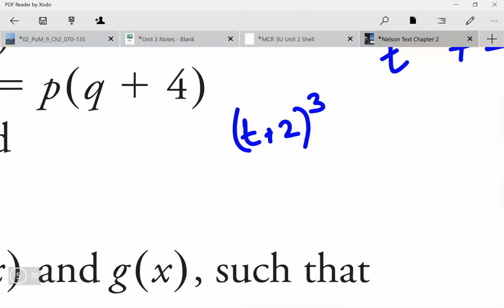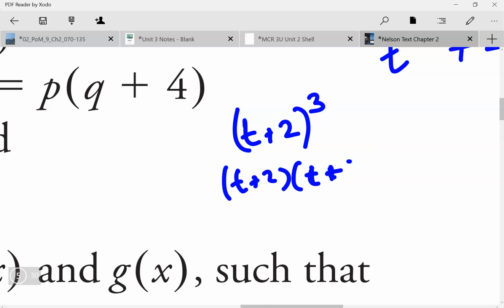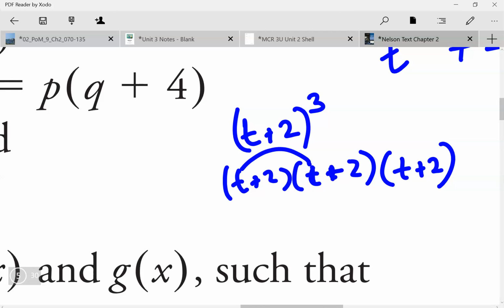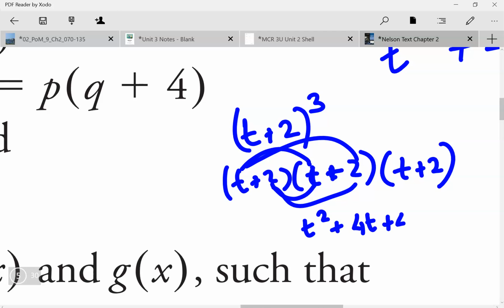If you haven't used the formula, what you have to do is t plus 2 times t plus 2, times t plus 2, and expand everything out the long way. So you do t times t. So you have to FOIL this, and you get t squared plus 4t plus 4.